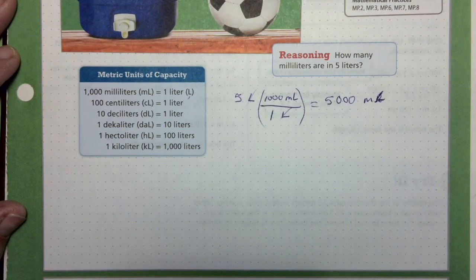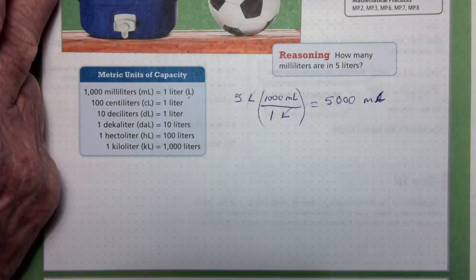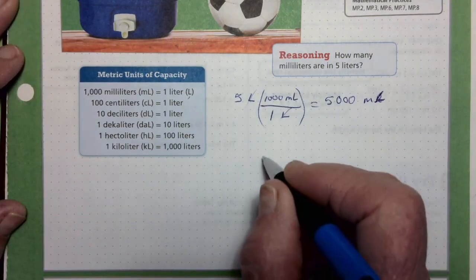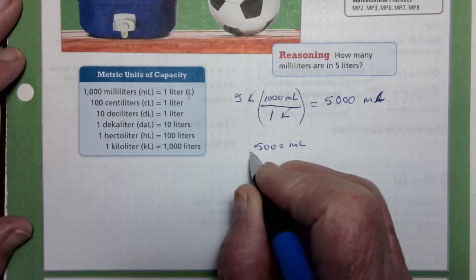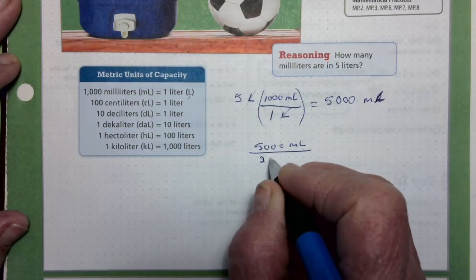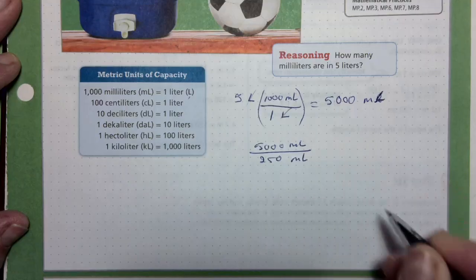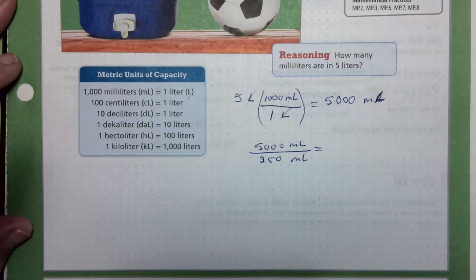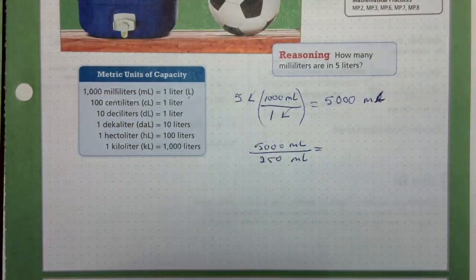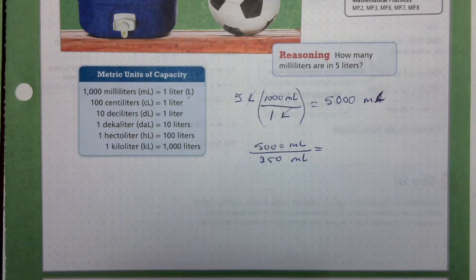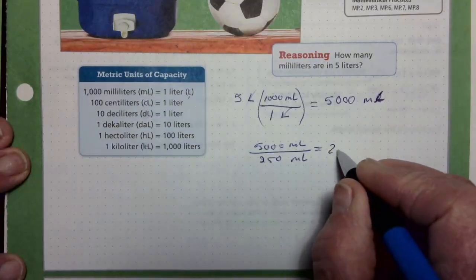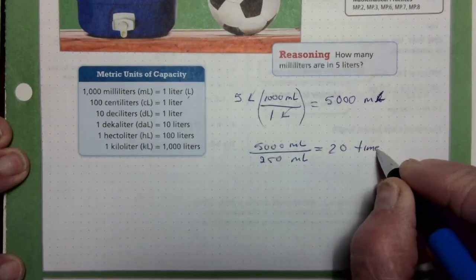Now then, if this bottle holds 250, I need to take this 5,000 milliliters and divide it by 250 milliliters to see how many times it will go in there. So what is 5,000 divided by 250? And the answer is 20 times.